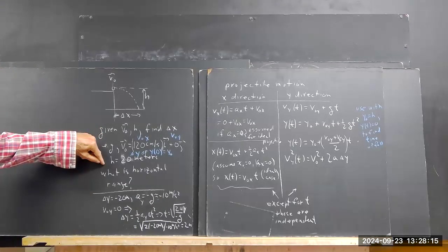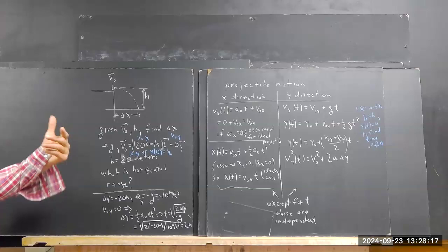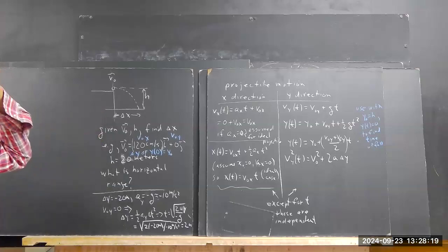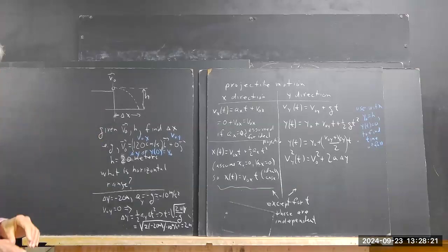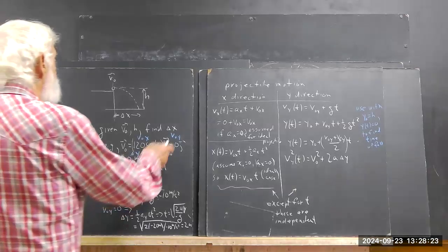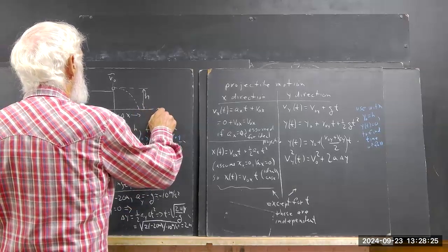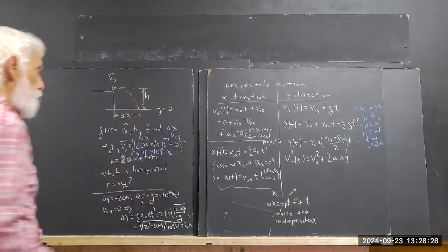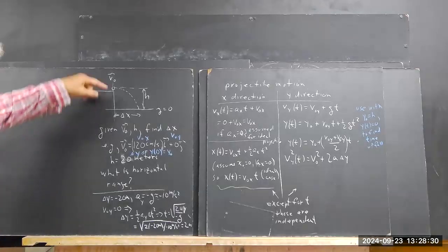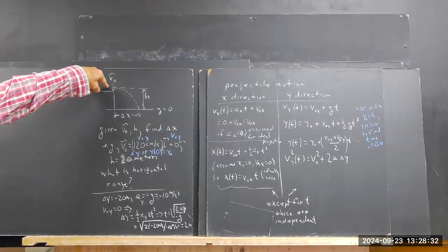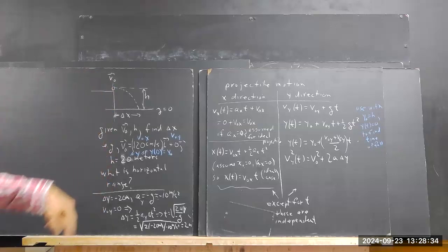Knowing your initial height and your final height is 0, right? I should have put into the picture y equals 0 at the ground, so that the initial y position is h, in this case 20 meters.